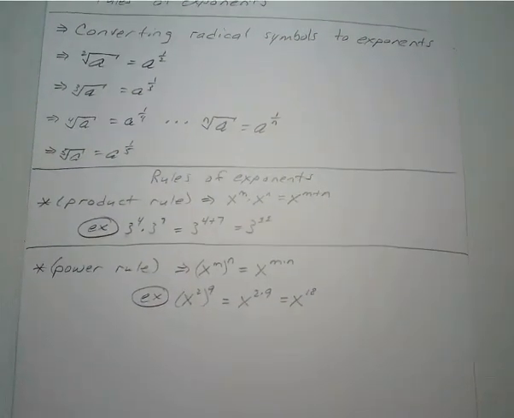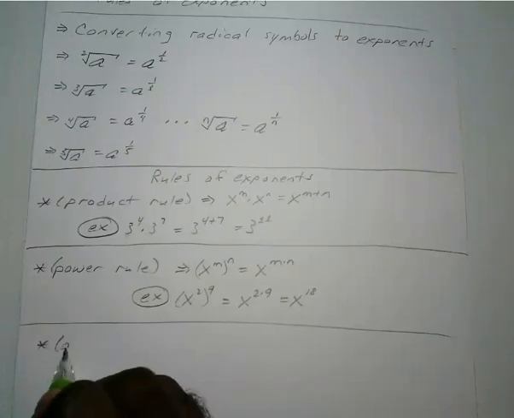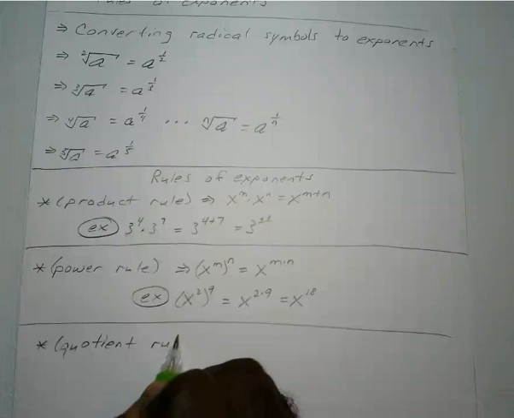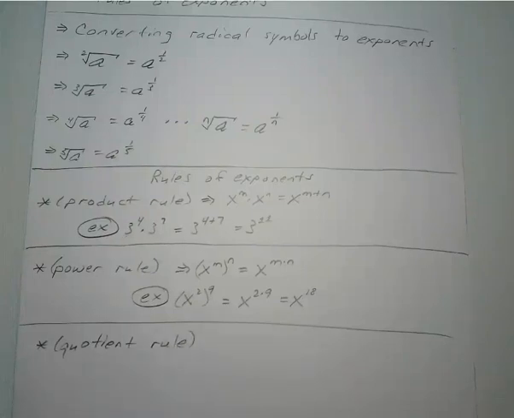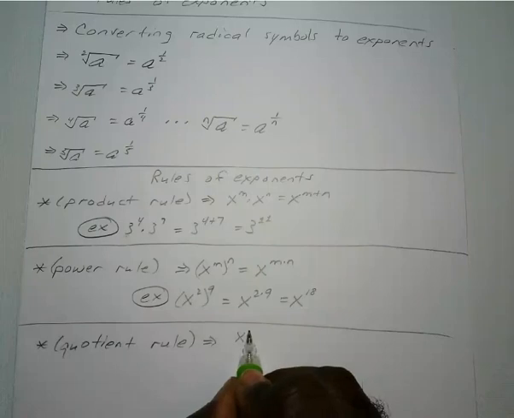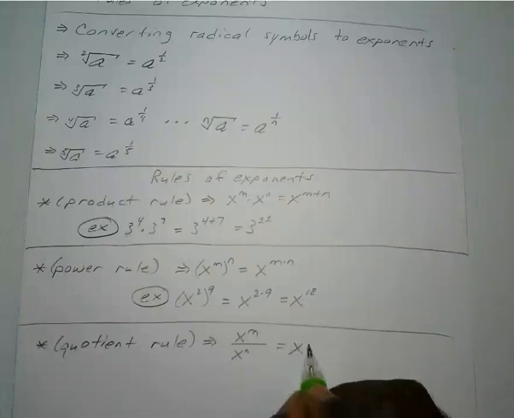Now what if we had the quotient rule? Which gives us x to the power of m over x to the power of n, which is equal to x to the m minus n.